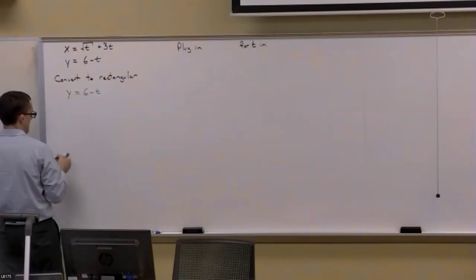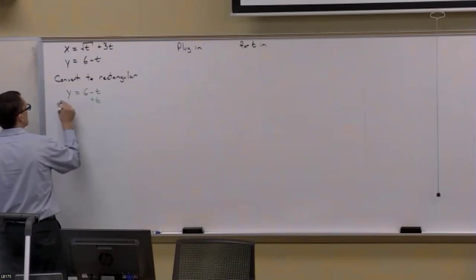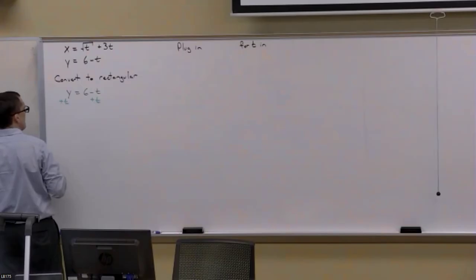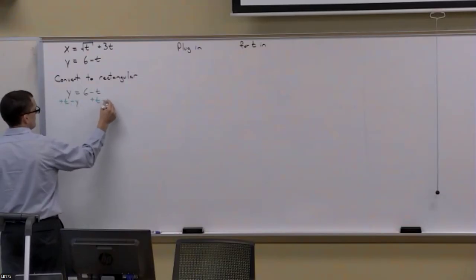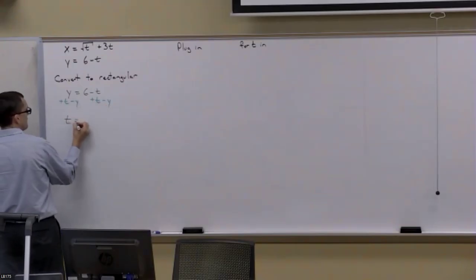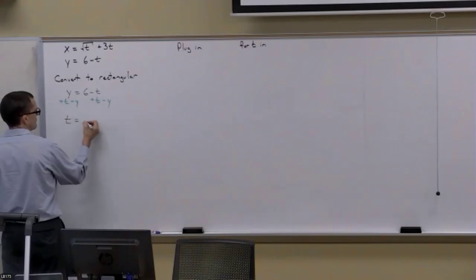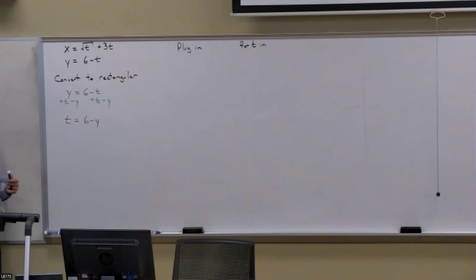Add t to both sides. I guess I can write that step. And then subtract y from both sides. You'll get t is equal to 6 minus y, or negative y plus 6.